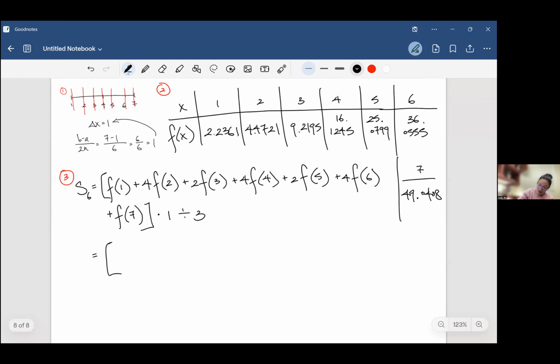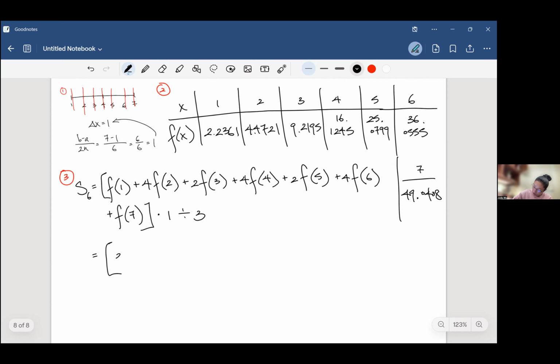2.2361 plus 4 times 4.4721 plus 2 times 9.2195 plus 4 times 16.1245 plus 2 times 25.0799 plus 4 times 36.0555 plus, we're at the last y value, so only one copy, 49.0408.